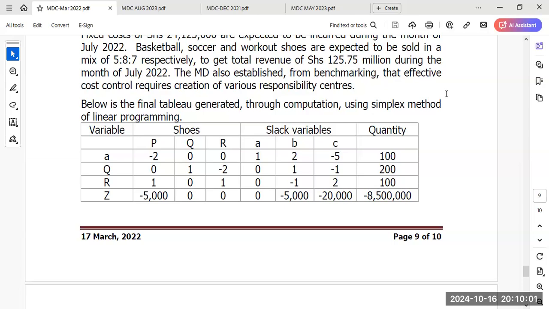So it means that if the examiner is not specific about the method you're supposed to use, then ask yourself, are you dealing with two variables or more than two variables?